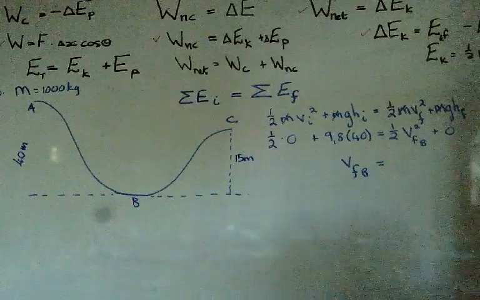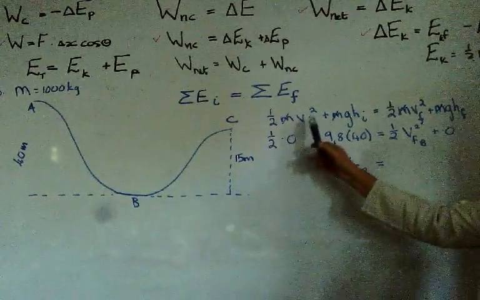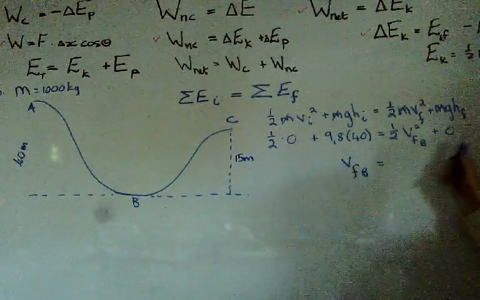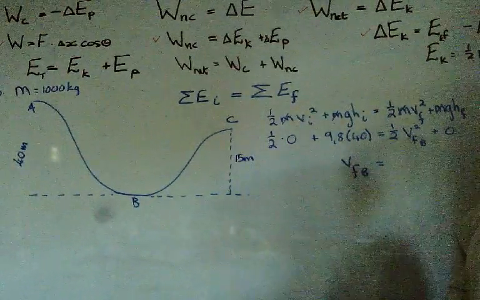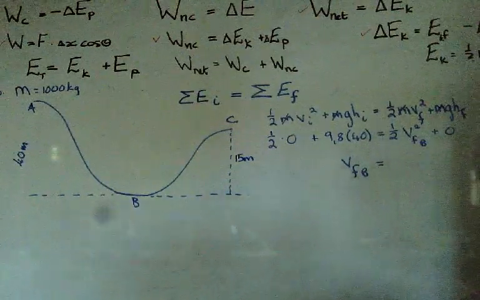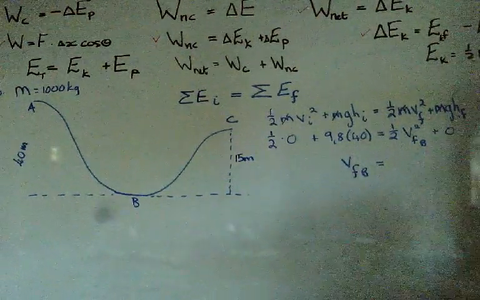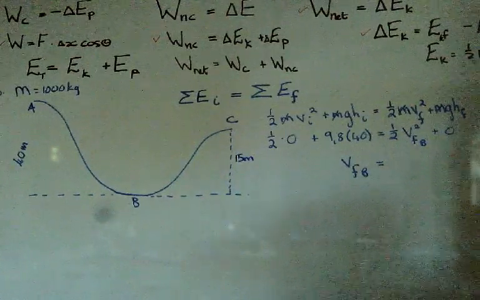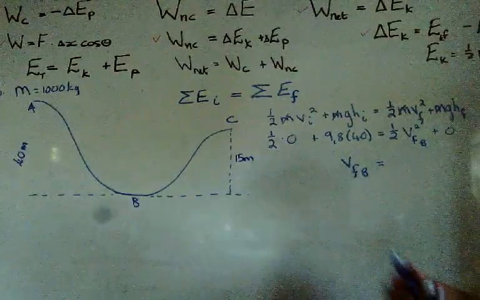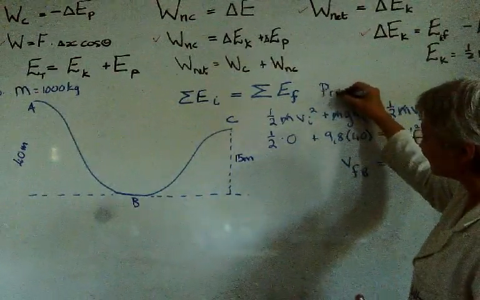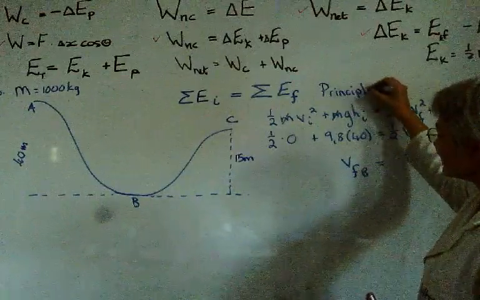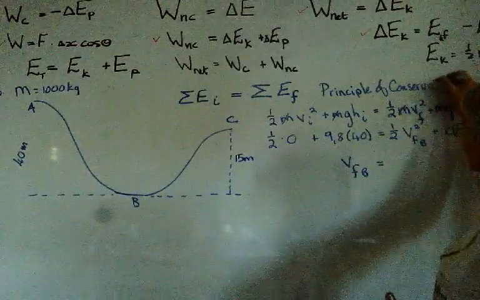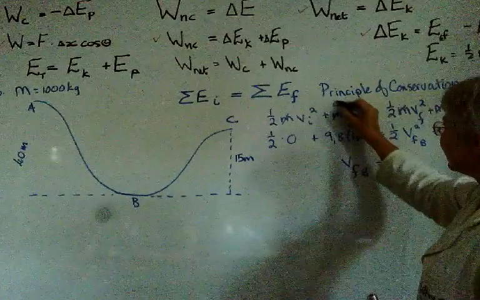Sorry. What's the answer? I'm so confused. How did it get here? And I didn't use that formula. I used the principle of conservation of mechanical energy, where the total initial mechanical energy equals the total final mechanical energy.